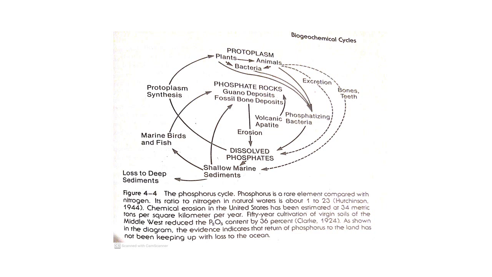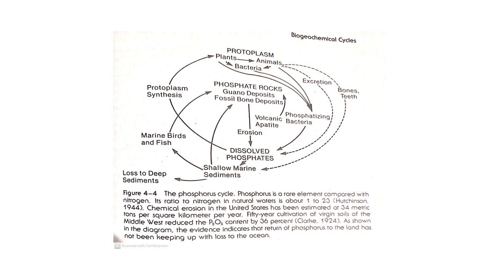Now you can see the phosphorus cycle which has been shown in this figure. We can begin with phosphate rocks, and there are guano deposits and fossil bone deposits, and these phosphate rocks generally erode and are available as dissolved phosphates.